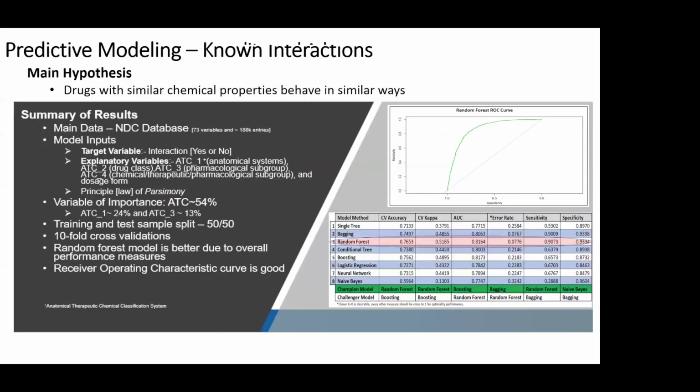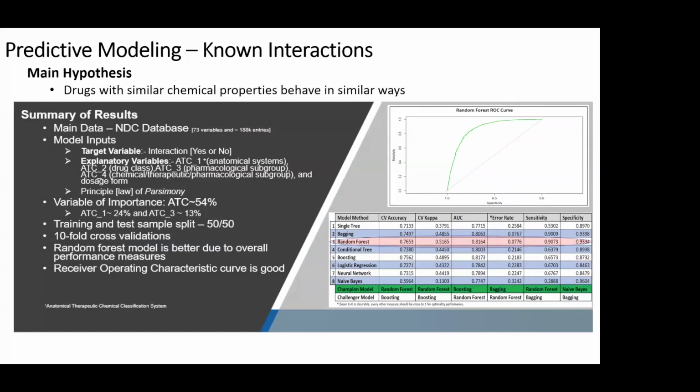Now, having looked at the modeling from different perspectives, our main hypothesis here is that drugs with similar chemical properties behave in similar ways. To test this out, we used the NDC reference database, which contained about 73 variables and altogether almost 188,000 entries.